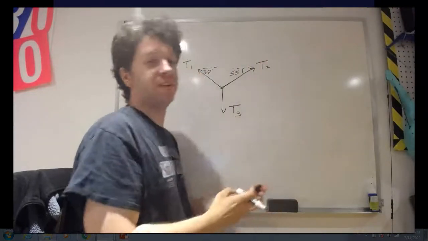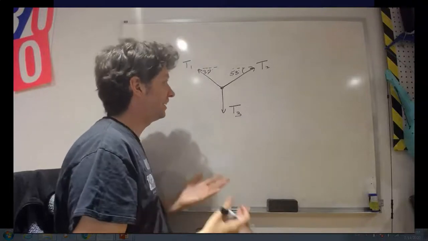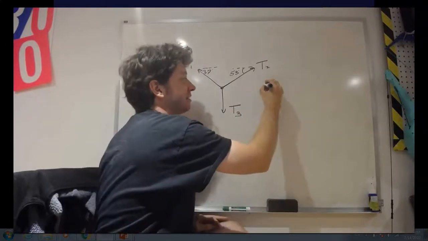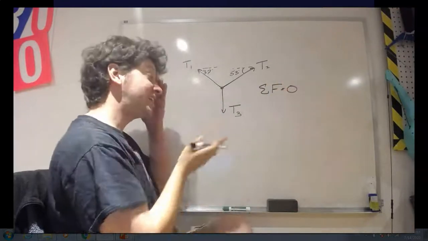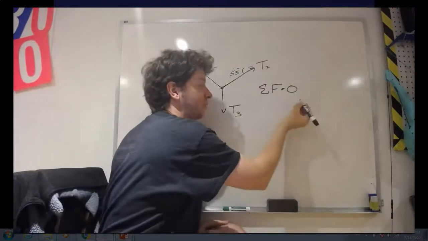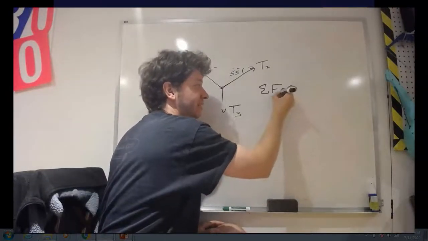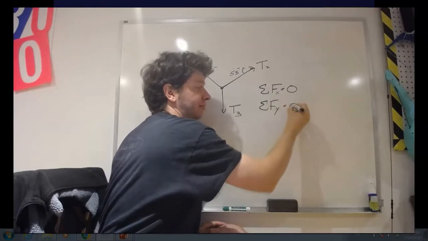So our goal is to find the values of T1 and T2. Now we know the whole system is in equilibrium, so we can say the sum of all forces equals 0. But this is in 2 dimensions, so we're going to split things up into components. So we can say this in both the x and the y components.